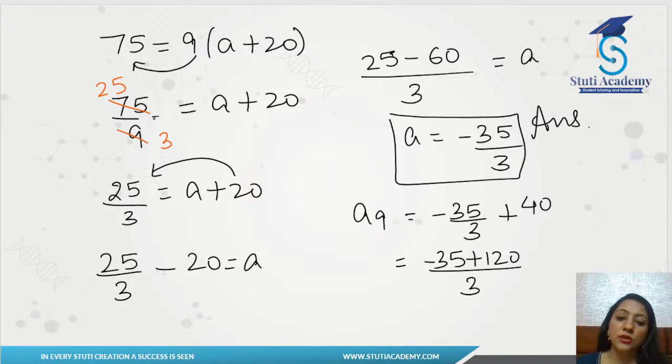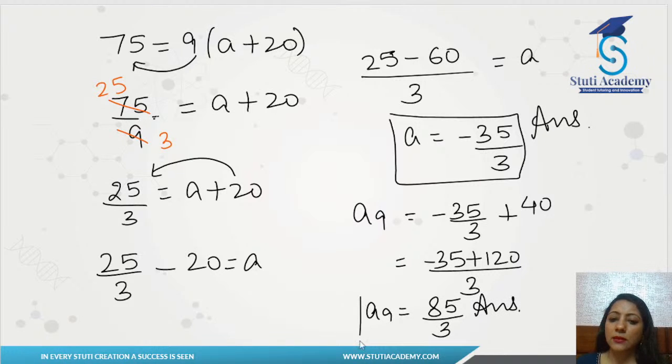And the denominator would be 3. That's the LCM. So minus 35 plus 120 in the numerator and the denominator would be 3. Now we can solve this and we are going to get here 85 upon 3. So A9 here is 85 upon 3 and that is the answer here. So we have got A also, we have got A9 also.